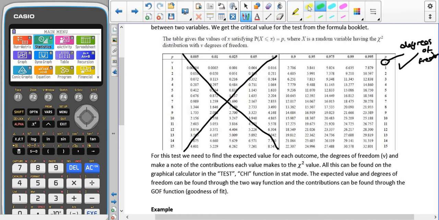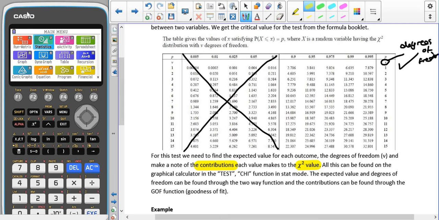So that's this bit here I'm just reading out here. A contribution to the chi-squared value. And what that means, and you'll see in a moment, the way that we work the value out using our graphical calculator, we have some contributions and those contributions add up to the chi-squared value.